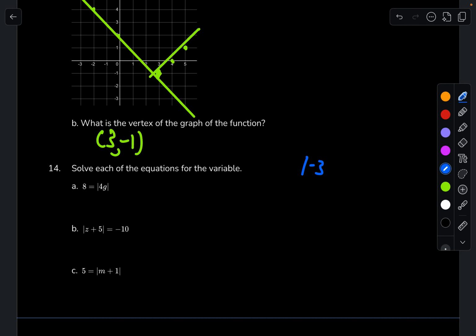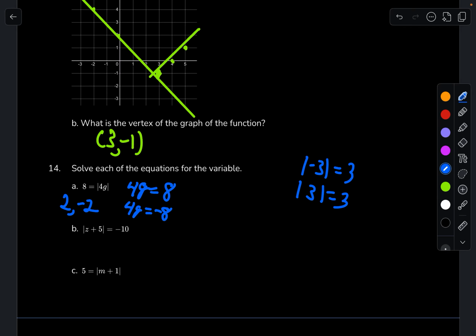The absolute value of -3 is 3, the absolute value of 3 is 3. So if the absolute value of 4g equals 8, that means the inside, the 4g, can be equal to 8, but it can also be negative, because the absolute value changes that -8 into a positive. So solving each of them, you get 2 or -2.